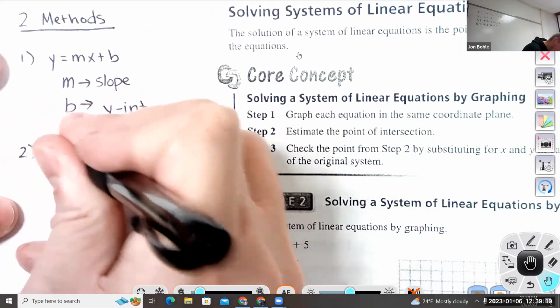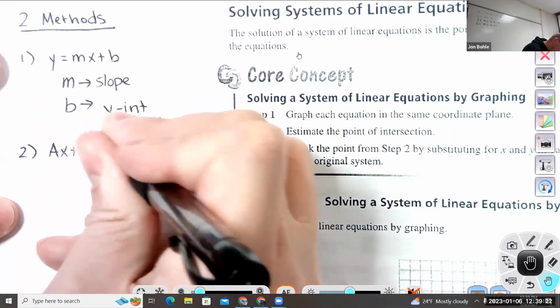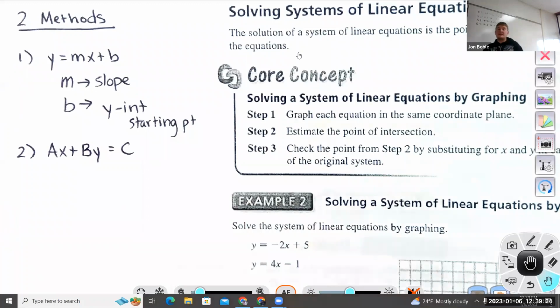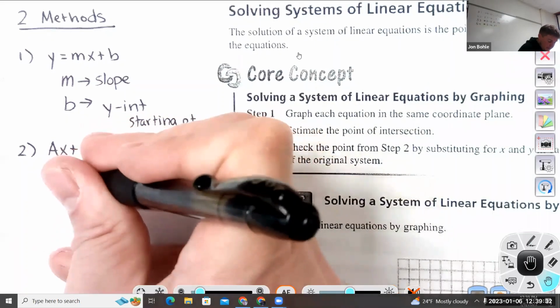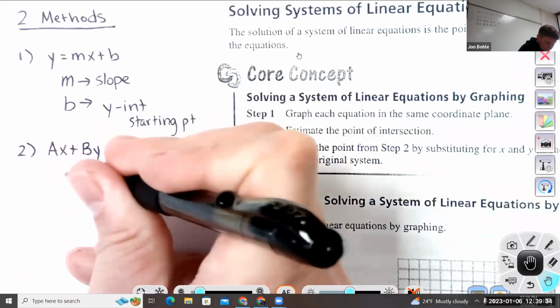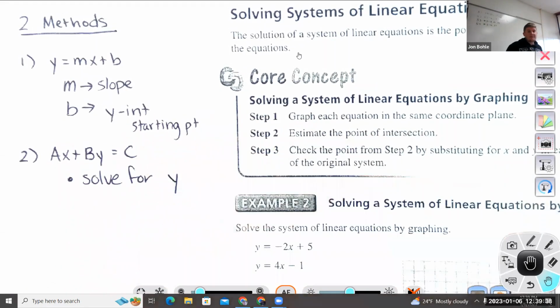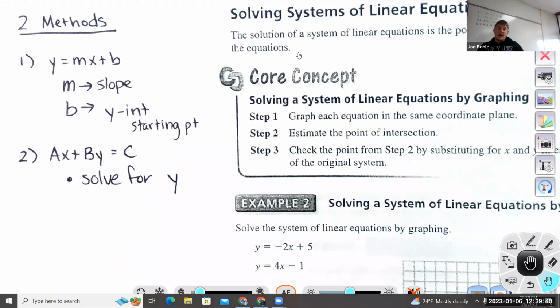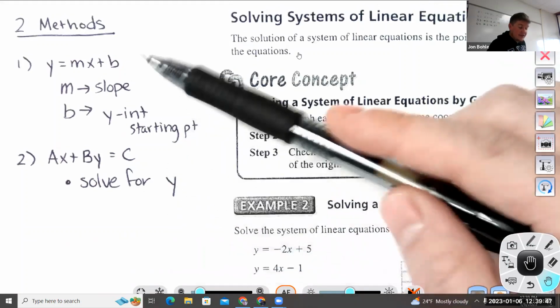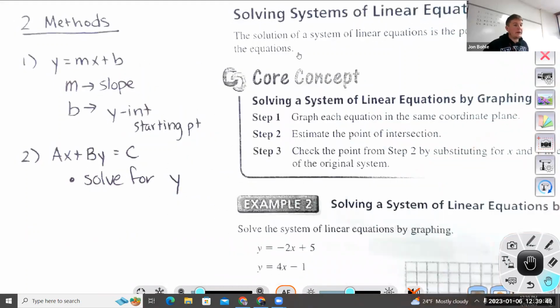The second option is the x and the y are on the same side. ax plus by equals c. That's called standard form. Okay. And within these, there are two options. Your first option is if it's like this, you can solve for y, because if you solve for y, it's going to be exactly like method 1.